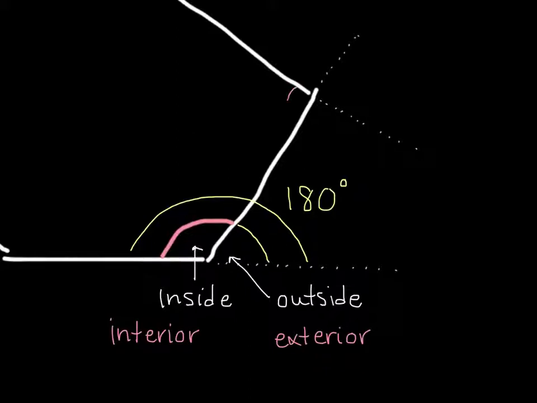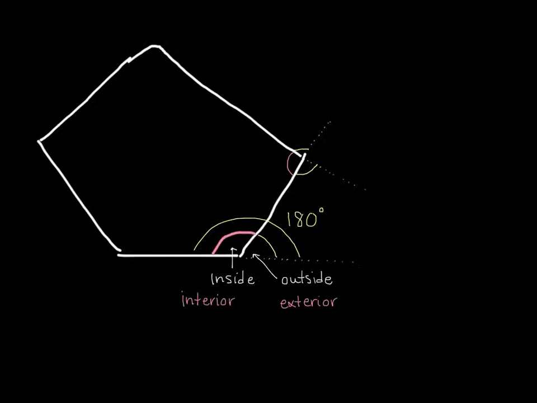This is the interior angle, so I could finish it off here to make that, or here to make that. It doesn't matter, these would still be straight lines, but the idea is that we consider one extended to each side. So this is an interior angle, on the inside of the polygon, and it also has an exterior angle, and those always add up to 180 degrees because you form a straight line.